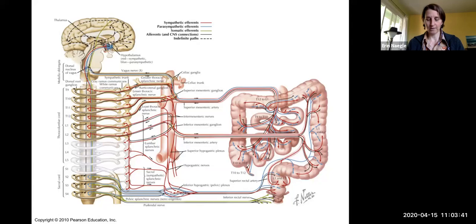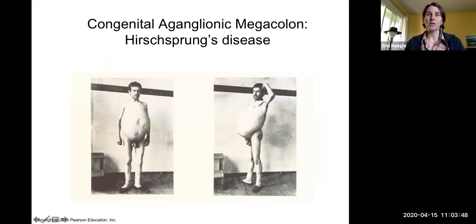For people with megacolons, it's called congenital aganglionic megacolon. Aganglionic, remember, ganglion was a term we used to talk about groups of cells in the nervous system. So this would be a disease due to development as a fetus. Something happened, and that nervous system didn't get completely developed, so you don't have a nervous system there and it can't contract.